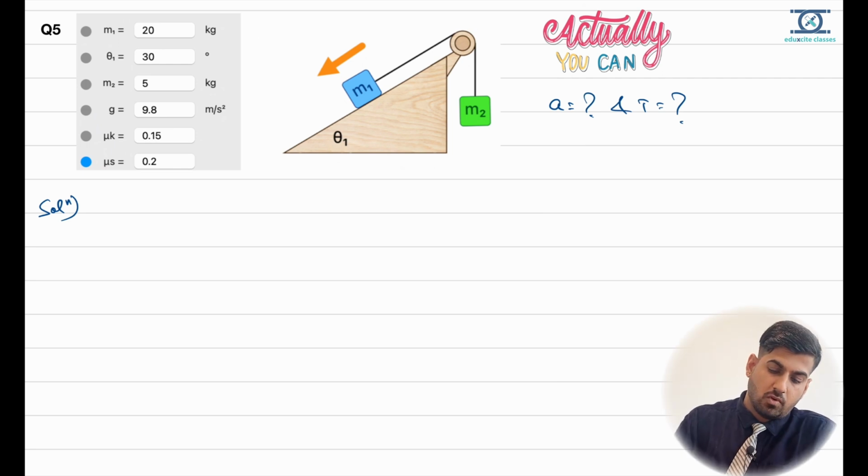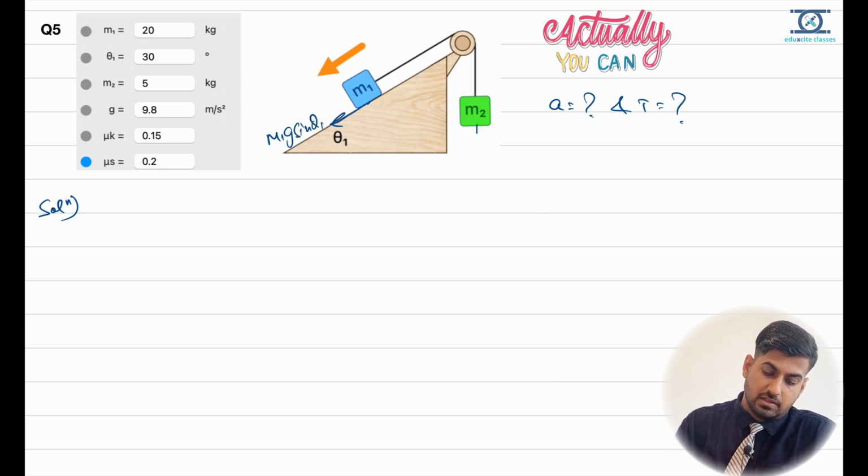Okay, similarly, again you can check whether it is moving or not. Here it is already given that this one is moving downward. You can check using the same method as we discussed in the previous part. Now the only difference is that it is an inclined plane. In an inclined plane there will always be one component of the weight, which will be m1g sine theta 1.